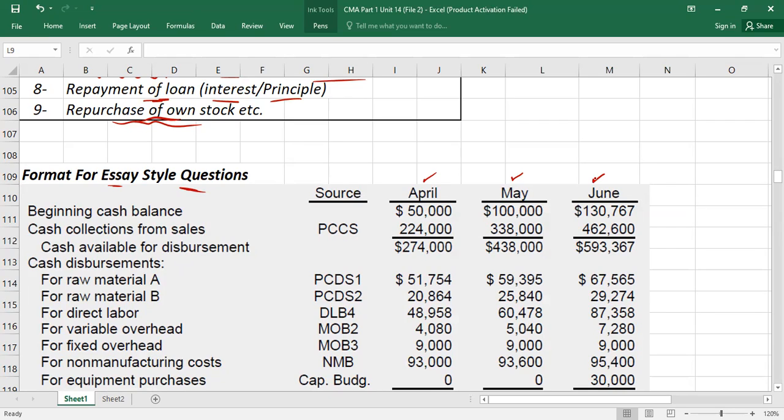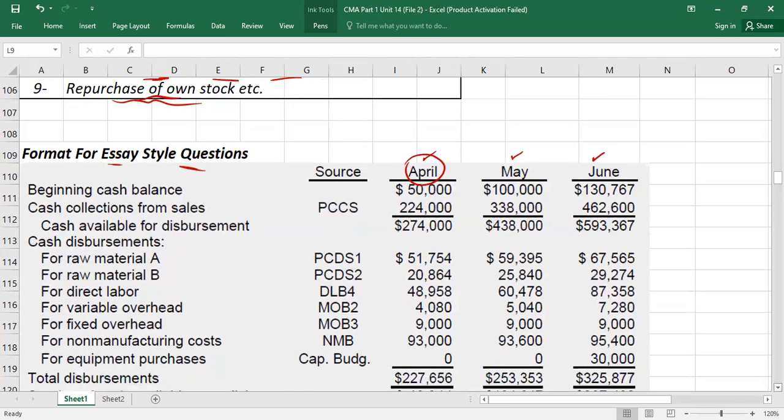So how is it going to work? Let's start. I'm assuming we are going to prepare the cash budget for the second quarter. In the second quarter, the first month is April. So let's prepare first for April. Then I'll tell you how you will move into the second month and then into the third month. So here we go.